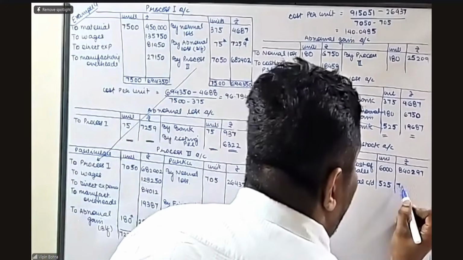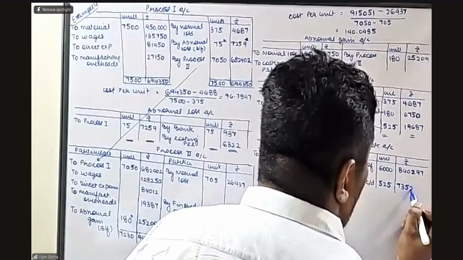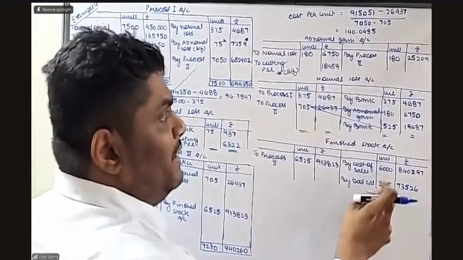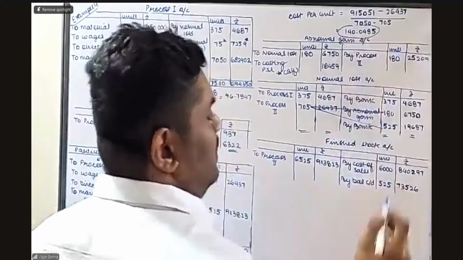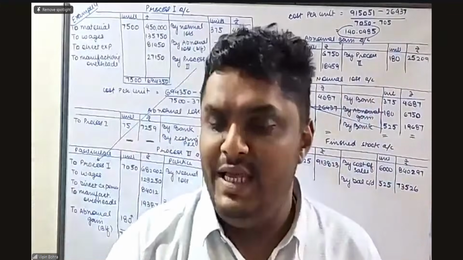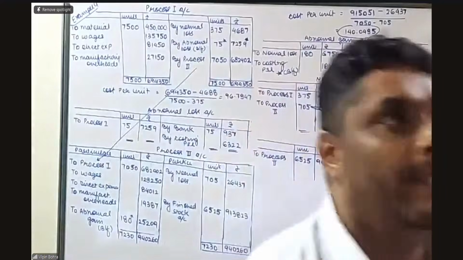So this will be my balancing figure 73. These two figures are valued at the same price, that is 140.0495.